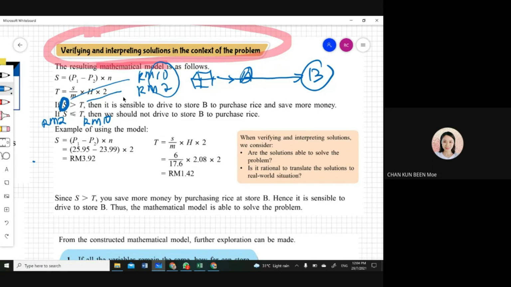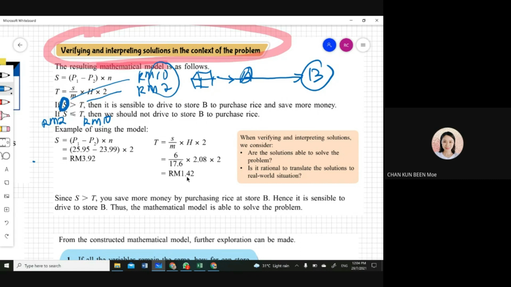So from the mathematical model later on, you are going to identify a few things. For example, over here, example of using the mathematical model. So they deduct the price in store A with the price in store B, they get 3 ringgit 92 cents. And then the T over here, after they find out the distance, divide by the rate, multiply by the petrol cost, and multiply by through and back.